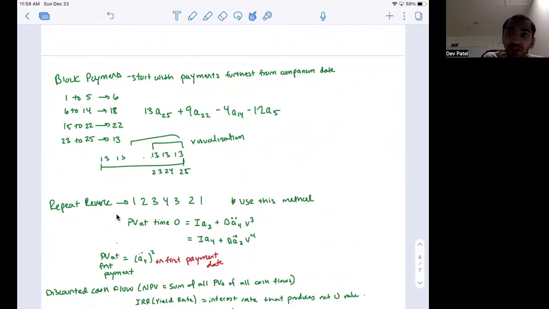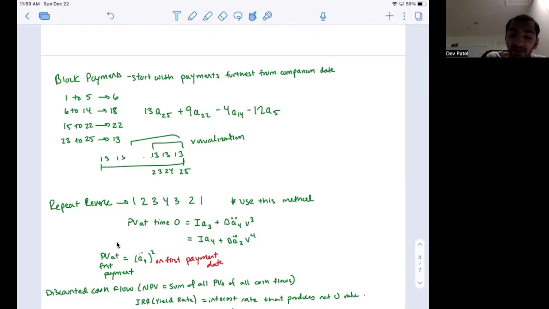One way is to create a unit increasing annuity immediate with the 1, 2, 3, 4, and then start from the 3, 2, 1, get the present value of that at time period 4, which would be a unit decreasing annuity immediate, and then discount it 4 years so you can get the present value at time 0.